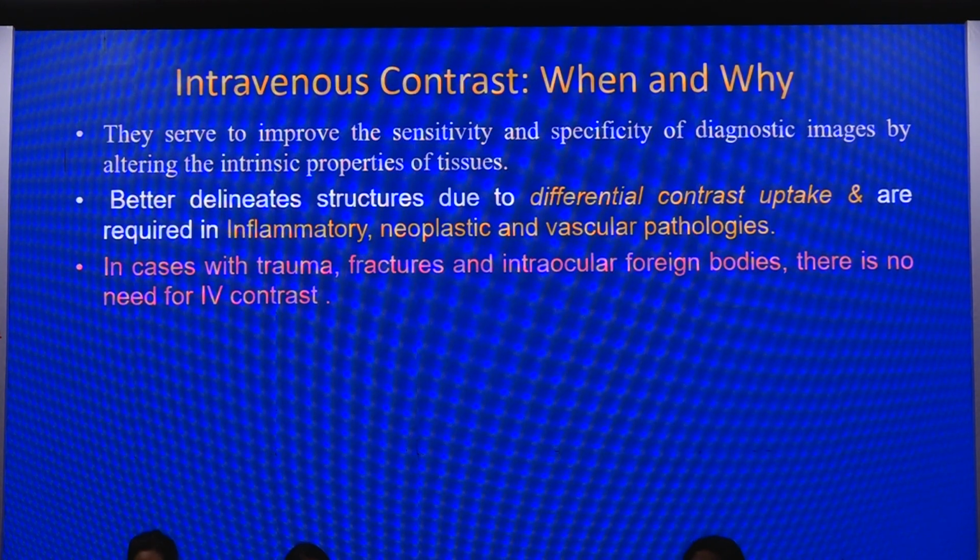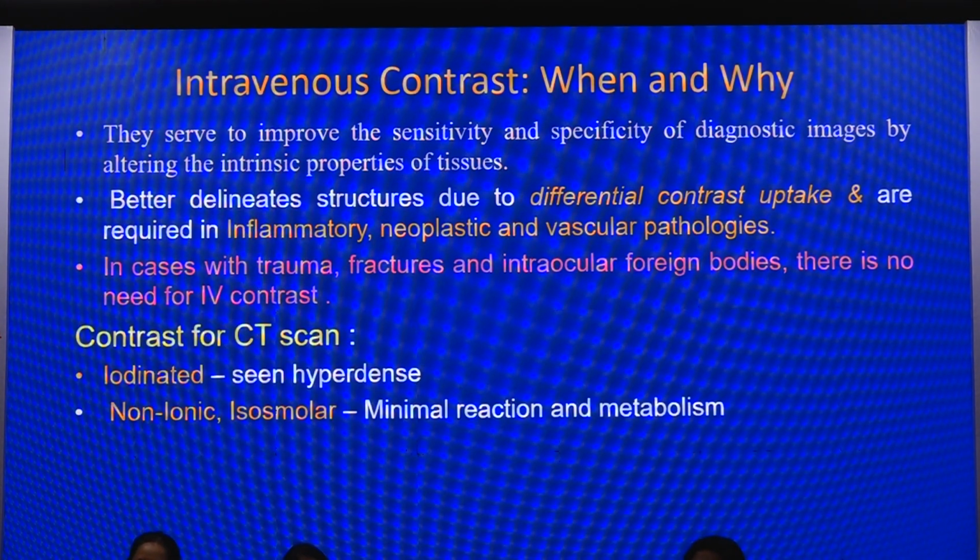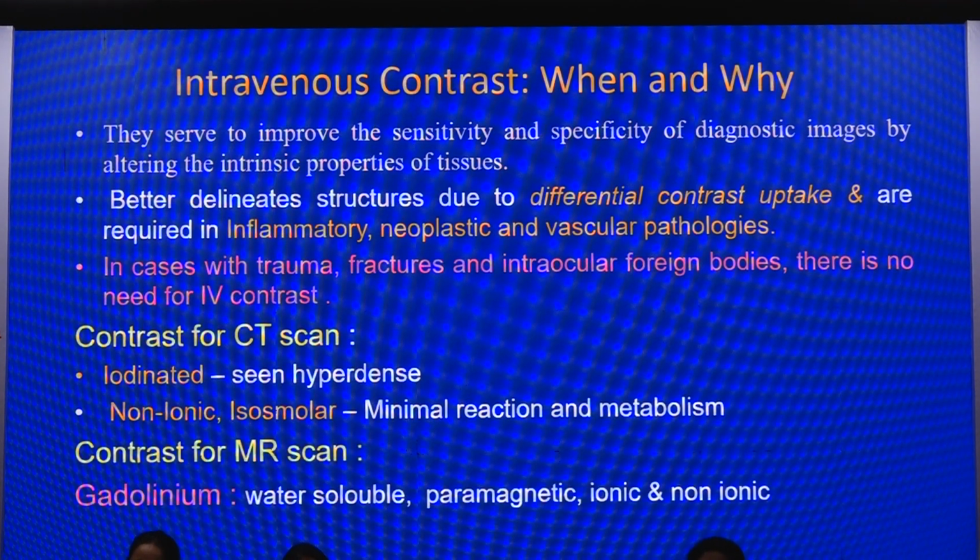And in cases of trauma, fractures, I don't think that you have to write MRI with and without contrast, only MRI or CT scan plain. Now contrast, iodinated. Nowadays iodinated are used because iodine is the substance which is more hyperdense on the imaging, and nowadays we are using non-ionic and isoosmolar, so there is minimal reaction and metabolic alterations.